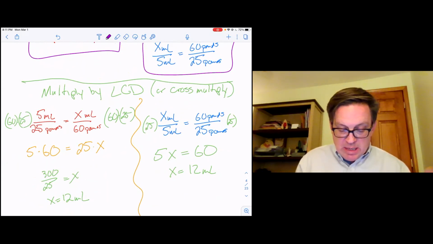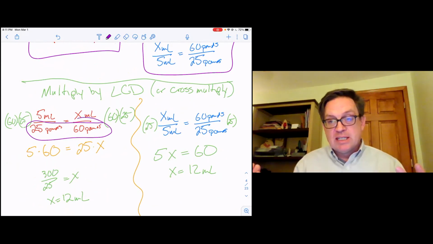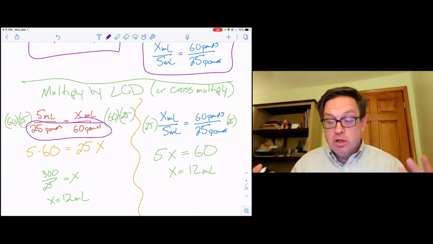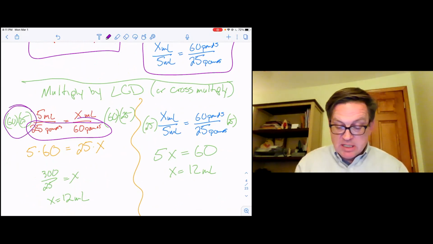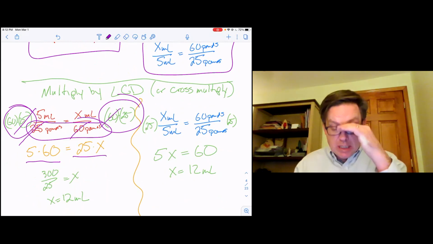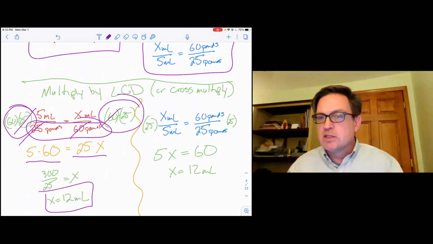So in this example on the left, look at the two denominators, they're 25 and 60. We could factor out a 5 and make it simpler, but we could just multiply both sides by 60 times 25. And in this case, the 25s cancel, and we get 5 times 60. On the right-hand side, the 60s cancel, and we get 25 times x. Solve for x, and beautifully, we get 12 milliliters, the same as before.